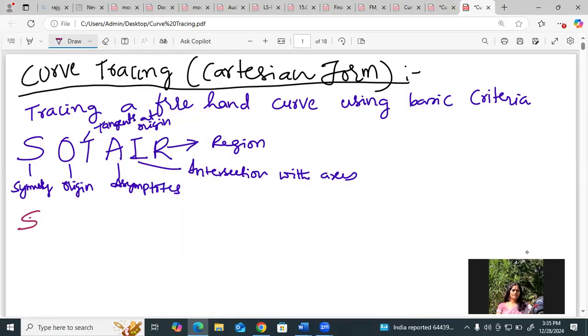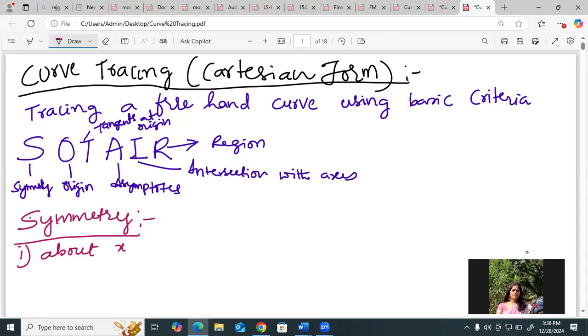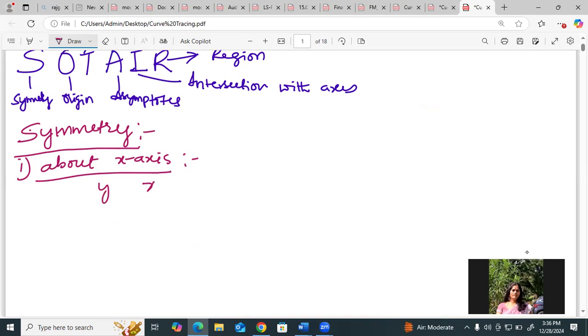Now coming to symmetry. How do I say a curve is symmetric? There are different criteria for symmetry about x-axis. How do I check about x-axis? I'll consider a basic example, that is y square is equal to 4ax.